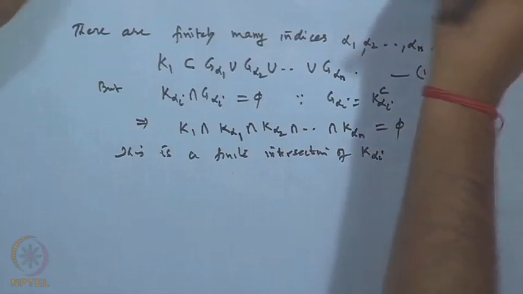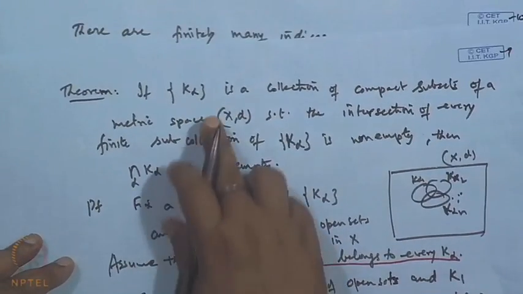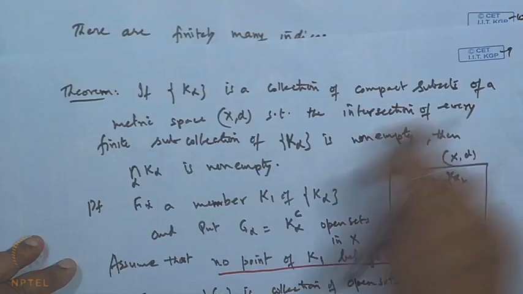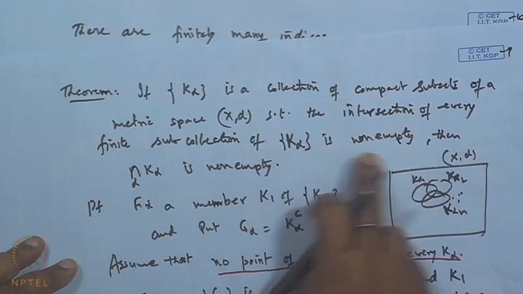But what is the condition? K alpha is a collection of compact subsets of a metric space such that the intersection of every finite subcollection is non-empty.